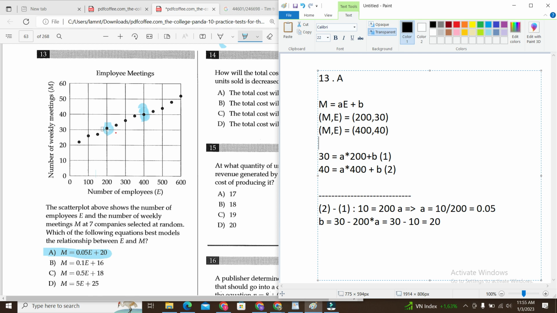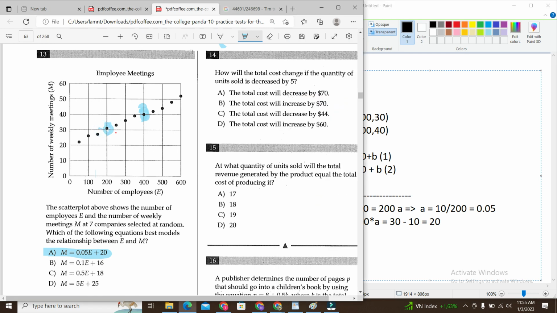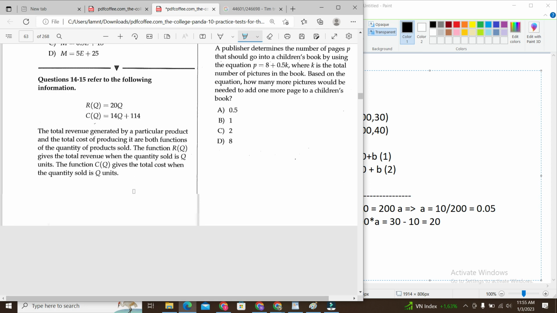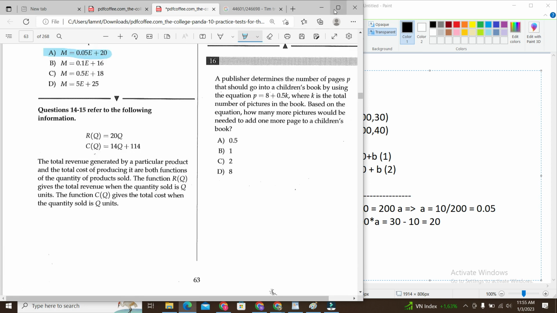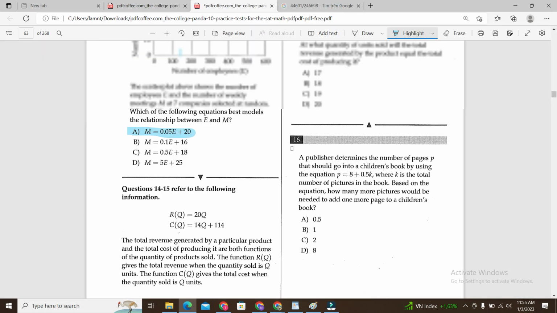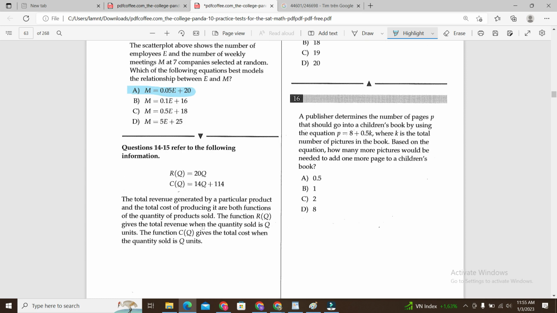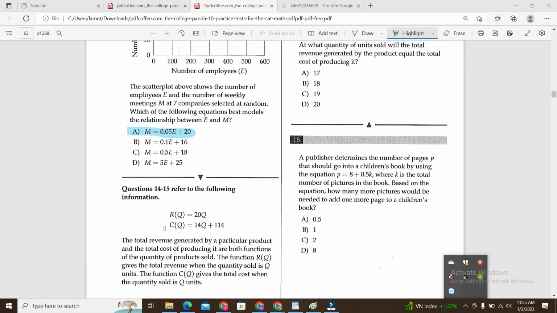So number 14, how will the total cost change? There's an equation here for 14 and 15. R of Q is equal to 20Q and C of Q is 14Q plus 114. The total revenue generated by a particular product and the total cost are both functions of the quantity of the product sold.